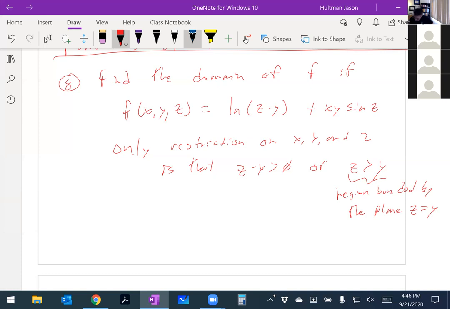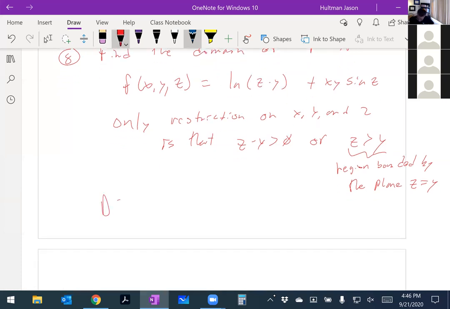Okay, and it's everything above that plane. That's the domain. The way I'm just going to write that is in set notation. So the domain is x, y, z, such that it is an element of R cubed, such that z is greater than y.